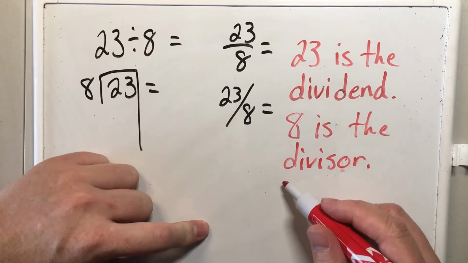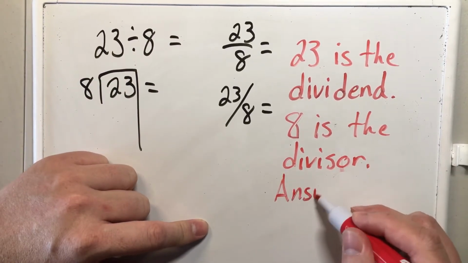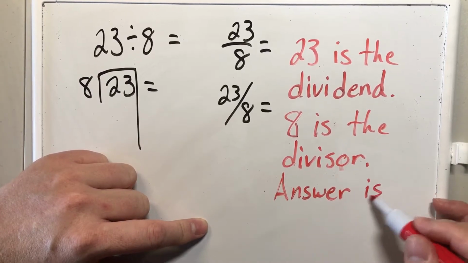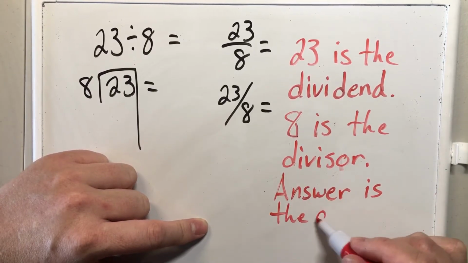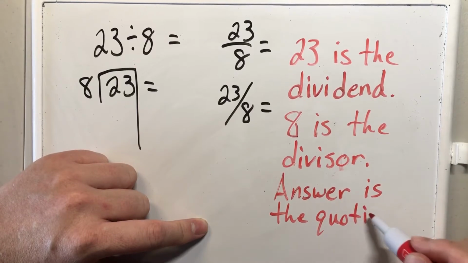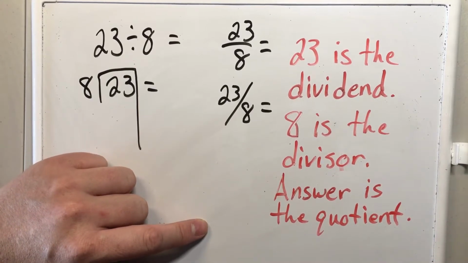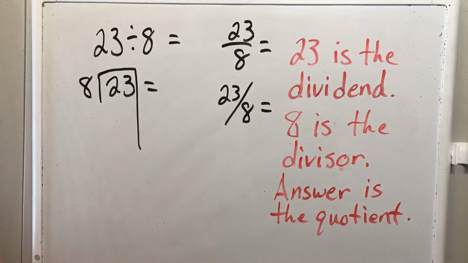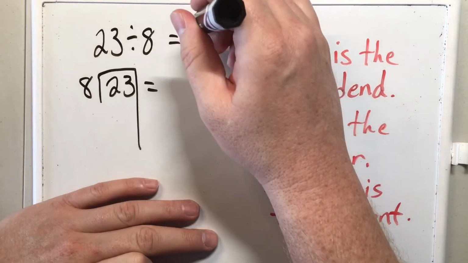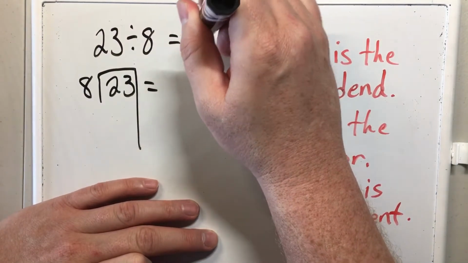Okay, the answer is called the quotient. And quotient is a fancy name to say answer for a division problem. So in each one of these problems, the answer is 2 remainder 7, 2R7.